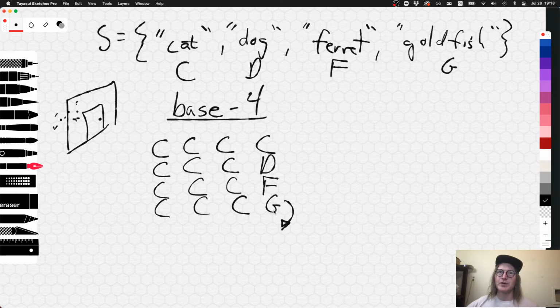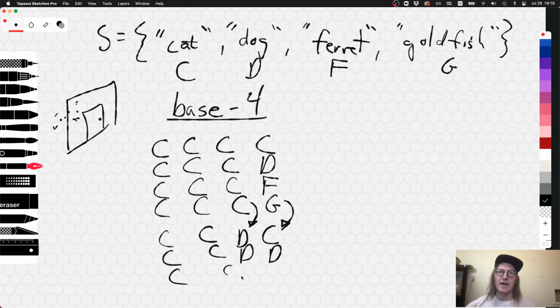and now that we've exhausted the 4 possibilities in this furthest right column, we're going to roll goldfish back over to cat, and roll this next cat over to dog. So now we've got cat, cat, dog, cat; cat, cat, dog, dog; cat, cat, dog, ferret; and then cat, cat, dog, goldfish. And we can continue doing this.